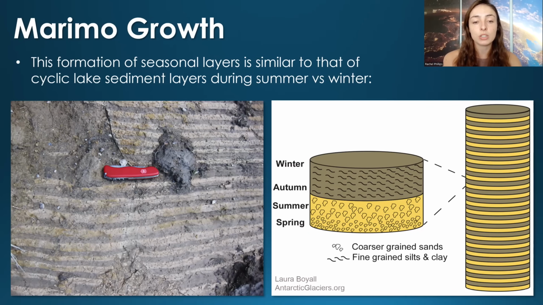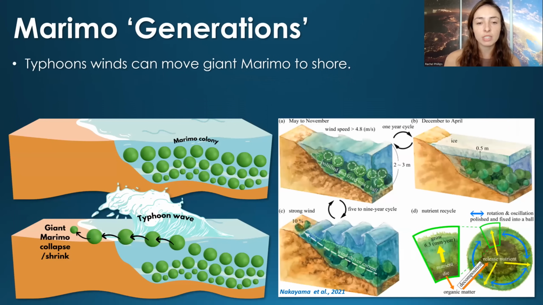And then in the winter, during ice cover, all that you have are thinner layers of darker, organic-rich mud deposits from tiny mud and silt particles suspended in the lake settling over long periods of time during winter, and organic matter that leads to the darkened color of those layers as well. Marimo also have this concept of generational change or turnover, like I mentioned earlier.